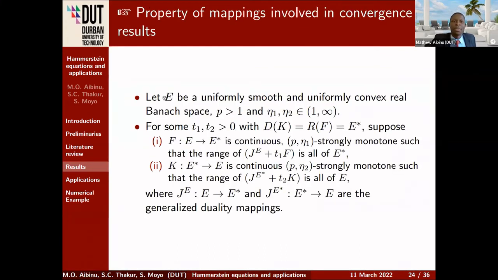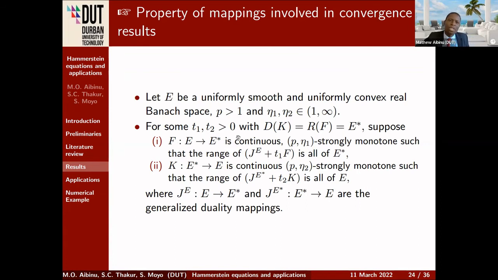Our E is a uniformly smooth and uniformly convex real Banach space, and p is greater than 1. Omega 1 and omega 2 are in the given set, T1 and T2 are greater than 0, and the domain of K and the range of F coincide, which is equal to E star.